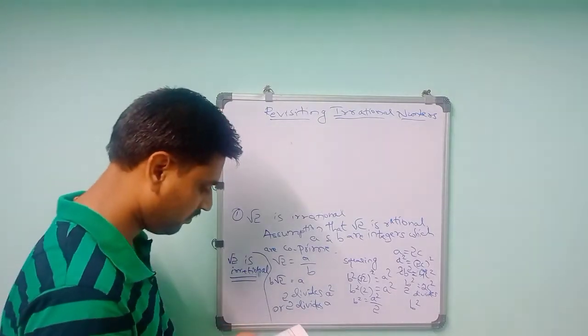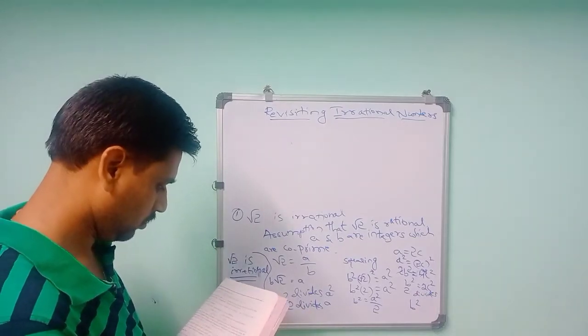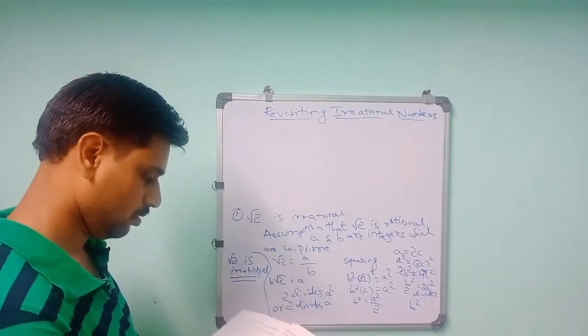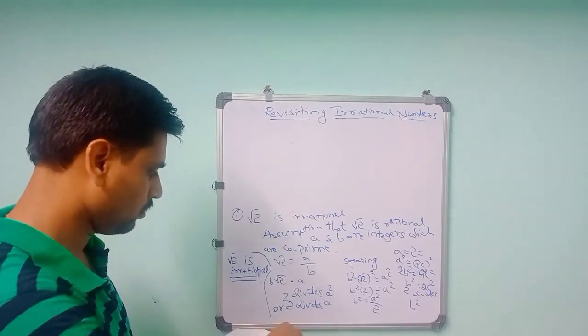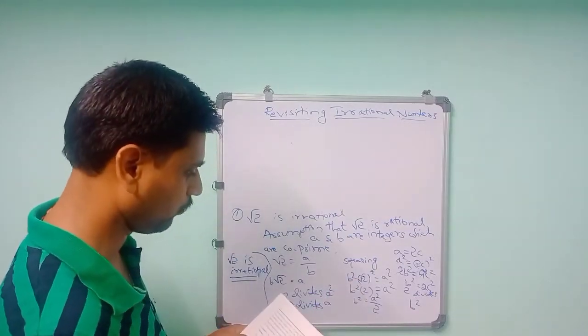You can take one more example. This is over, this square is equal to 2c square.